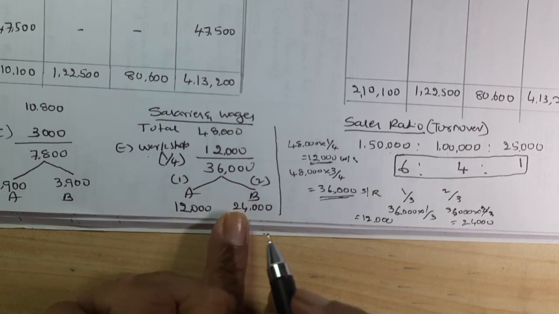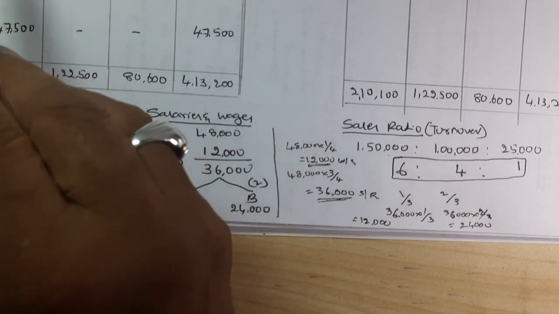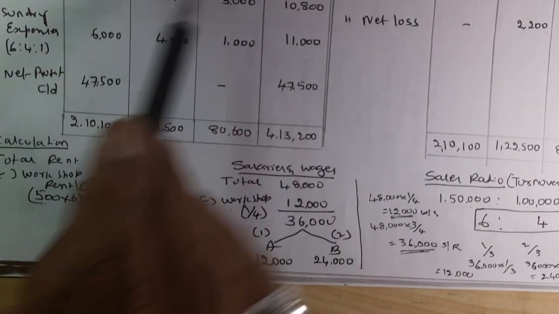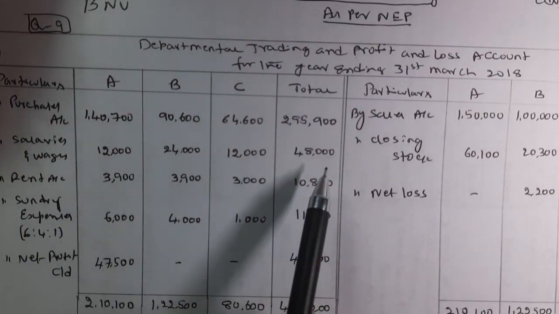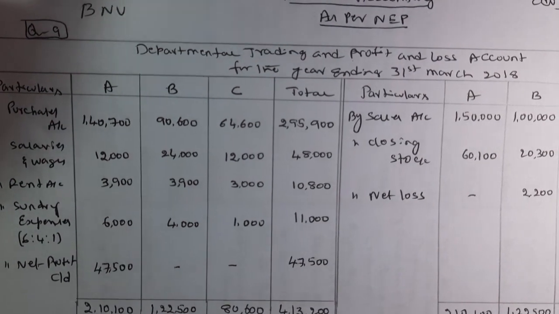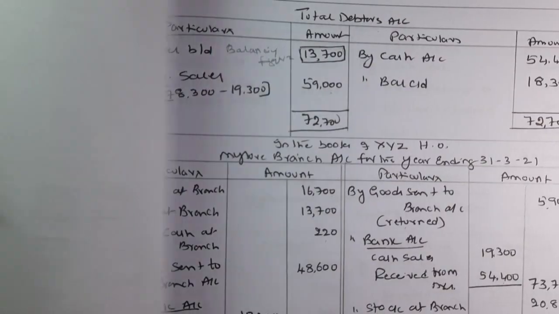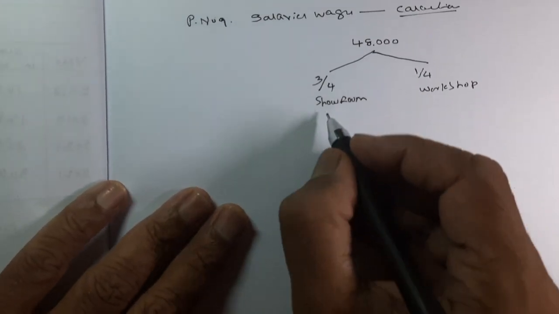So 1:2, that is what I have written here: 12,000, 24,000, and 12,000, making 48,000 total, right? So this is the clarification about problem number 9. I hope you got it.